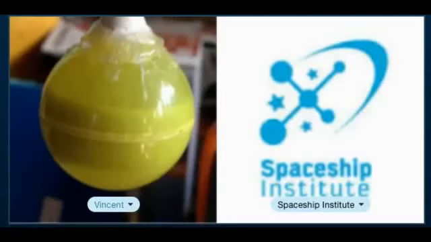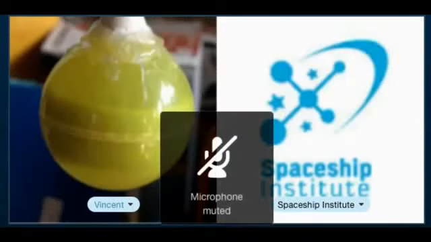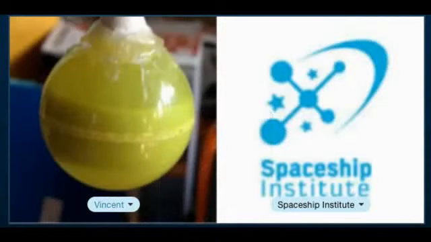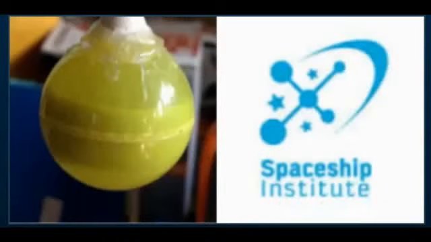But since coming into the Keshe Foundation and finding the information from Mr. Keshe, and going to the position that we are now with this little rotating reactor and with what Mr. Keshe and the knowledge seekers are doing at the Spaceship Institute, it's come a long way. And there's still lots to go. Yes, no doubt about that. There's still lots to go.